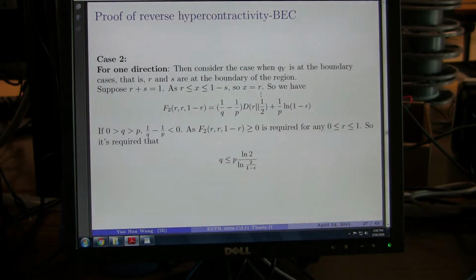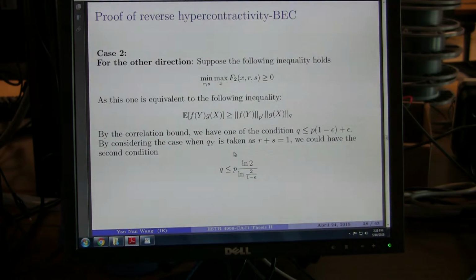So f2 will be reduced to this form, and we want to show this form is non-negative for any r between 0 and 1. So we could obtain this inequality. So by combining these two cases, we could prove the one direction.